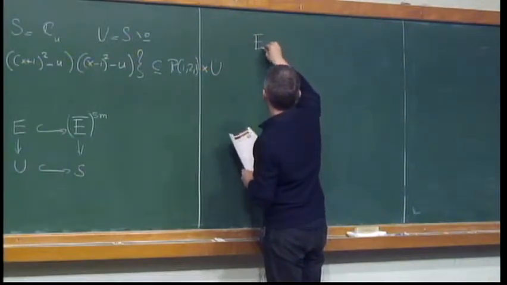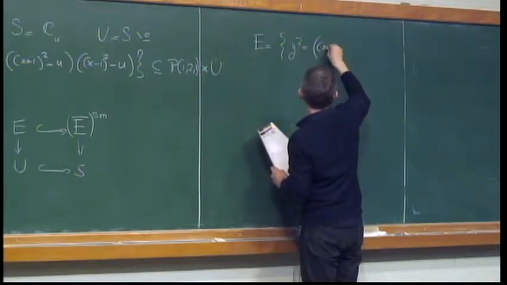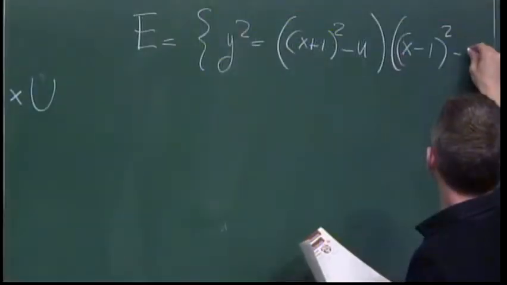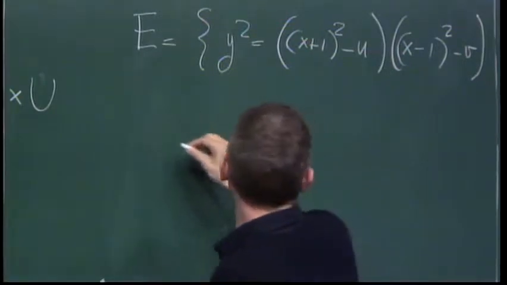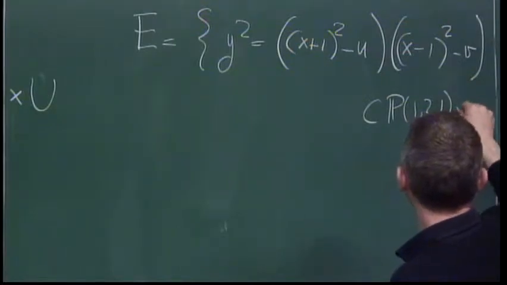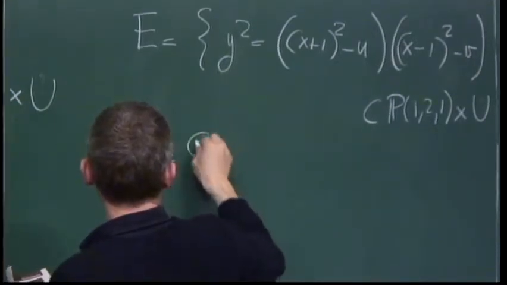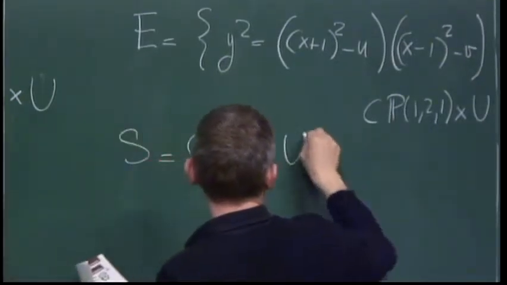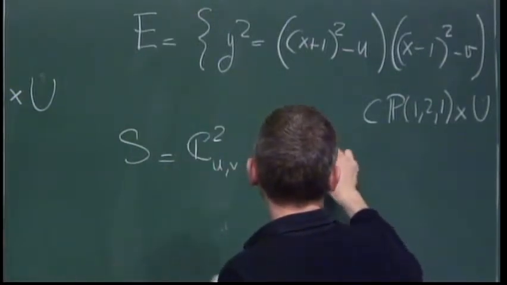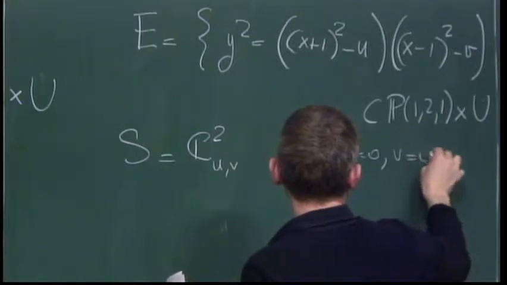So let's take the same thing, but this time around we consider this. And this is going to be inside P^1 as before, cross a certain U. This time S is going to be a 2-coordinate space, and U is going to be the complement of the origin, or the complement of, let's say, u equals 0 and v equals 0.